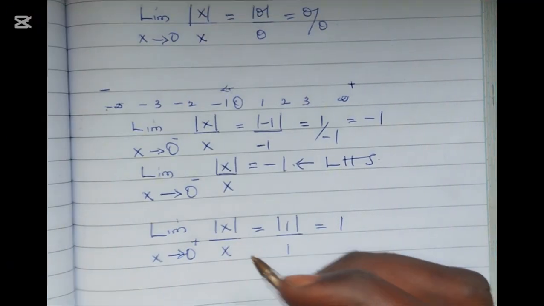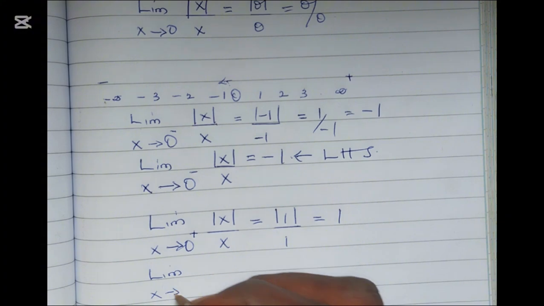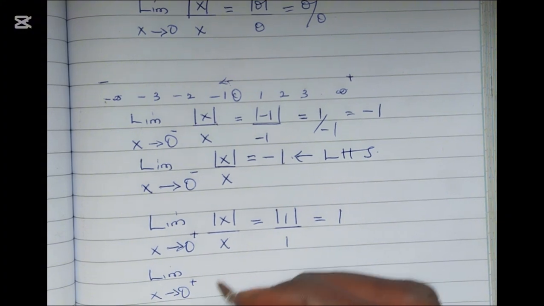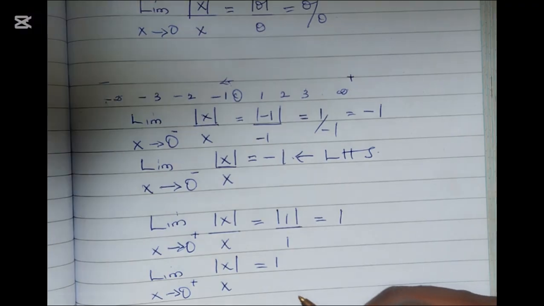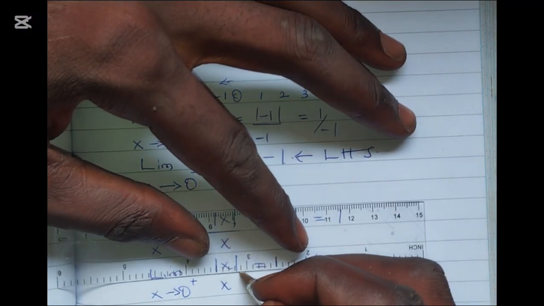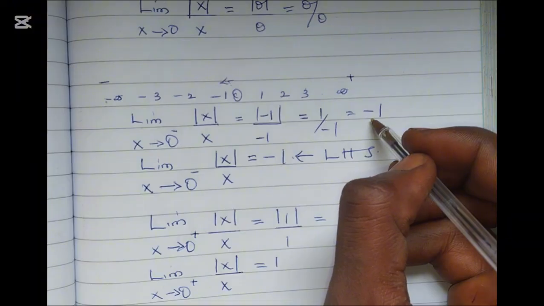So we can say that the limit as x goes to 0 from the right hand side of this function is equal to 1. Now you can see that they do not match. This is 1 and this is negative 1.